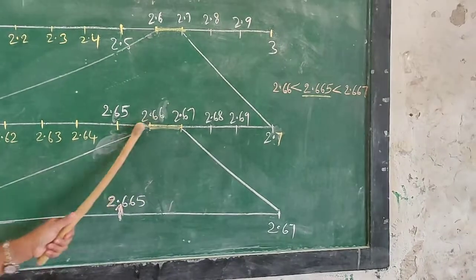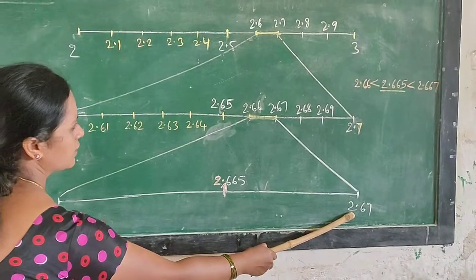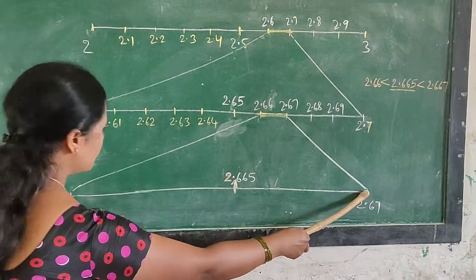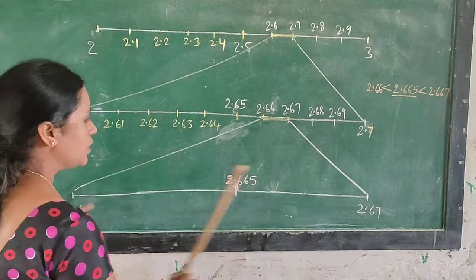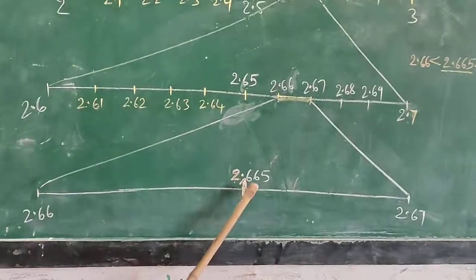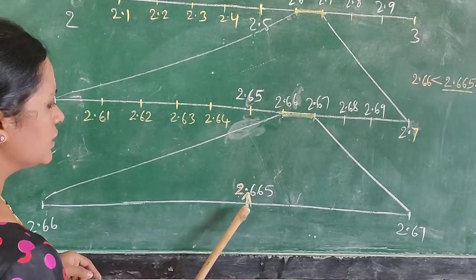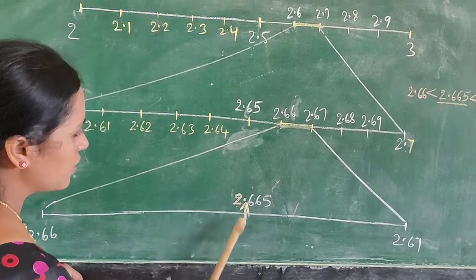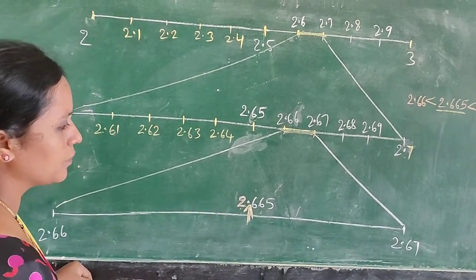That's why you write 2.66 in left side and 2.67 in right side. Exactly you can divide once again into 10 equal parts. The middlemost part is what? 2.665. This is our exact point. This is the representation of 2.665 on the number line.